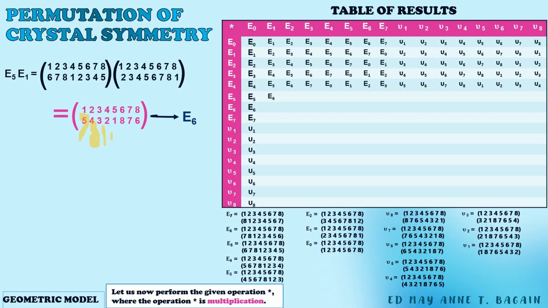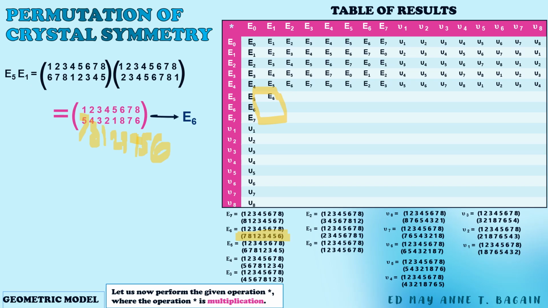So 7, 8, 1, 2, 3, 4, 5, 6. So as we can see, that would be the epsilon sub 6, as we can see here. So that is why the answer is epsilon sub 6. Okay, so from epsilon sub 6, it will just be 6, 7, 8, and then 1, 2, 3, 4, 5, or up until 4.